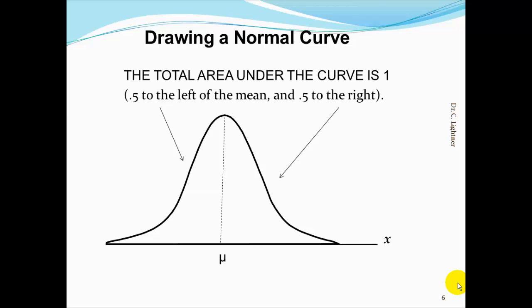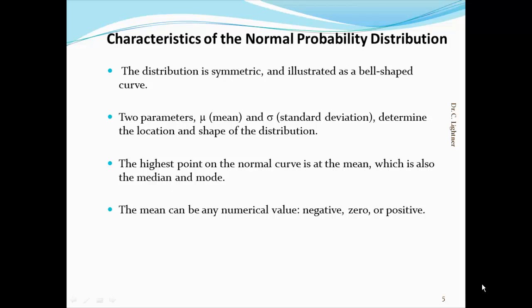This indicates that half of the values in the population are the mean value or greater. For this reason, we say that the mean is also the median for this distribution. The mean value can be negative, 0, or positive.